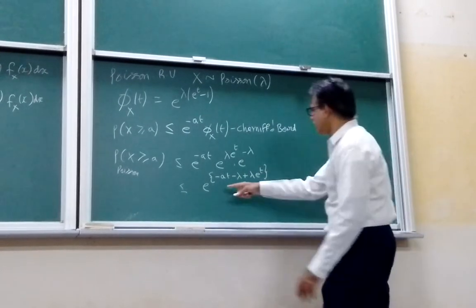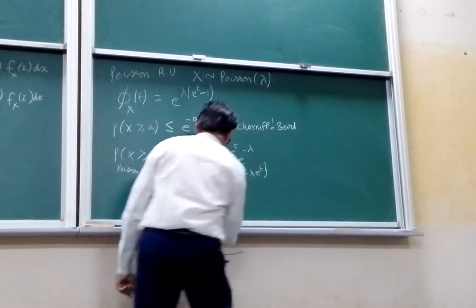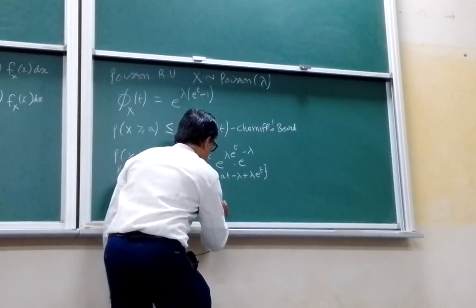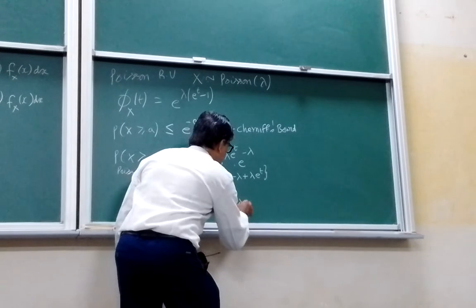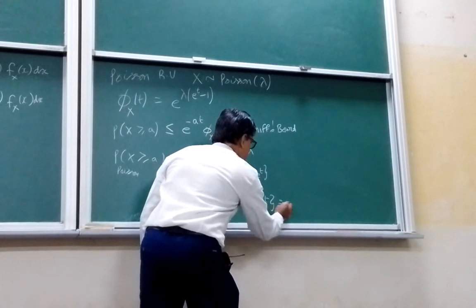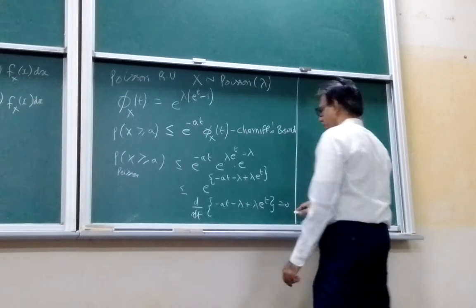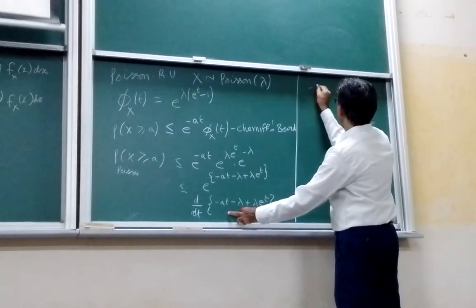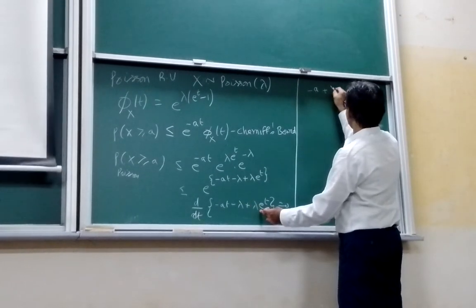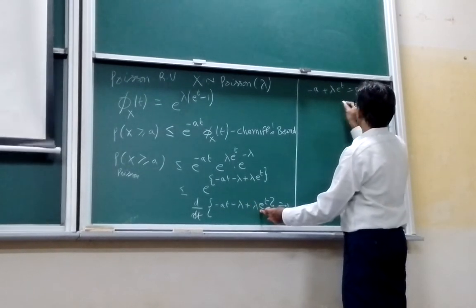So differentiate and then set equal to 0. So this is minus a, this goes away, plus lambda e power of t equal to 0.